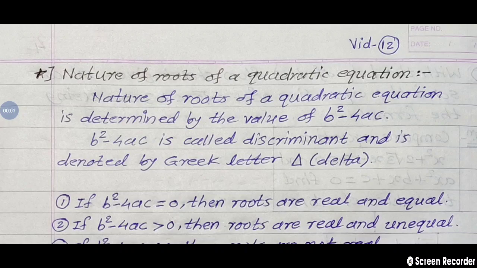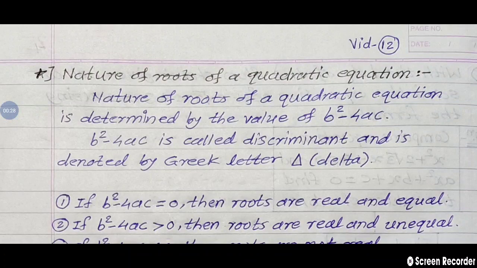Hello students, today we will see how to decide the nature of roots of a quadratic equation. In the last lecture we have already studied how to find the roots of a quadratic equation by using the formula method.